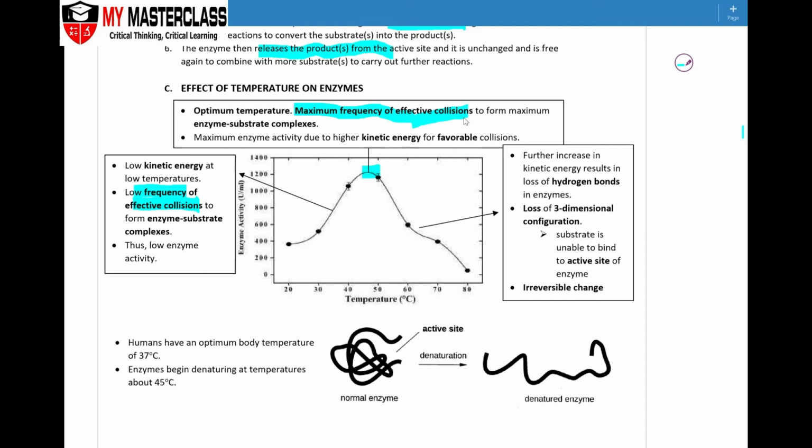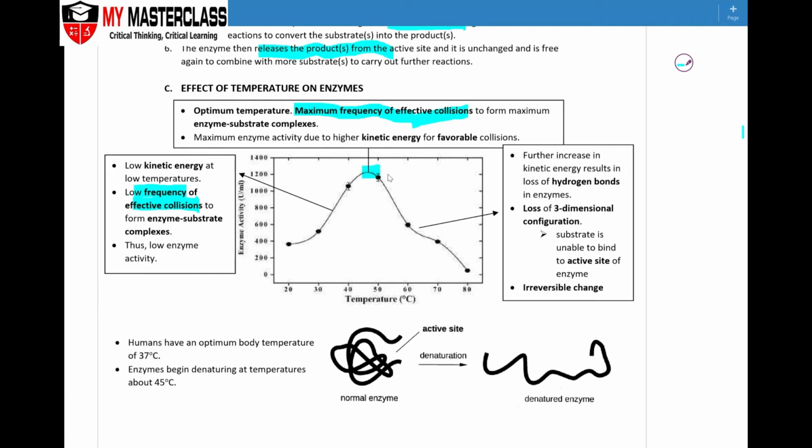In order for my enzyme substrate complexes to form, not only do collisions have to occur, my substrates have to collide correctly into my enzymes in order for the substrate to fit into the active site of the enzyme. That is why I have got maximum kinetic energy and maximum enzyme activity.